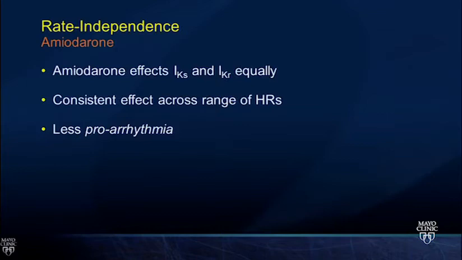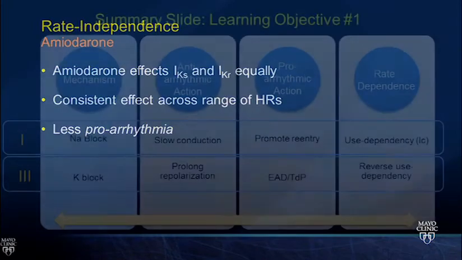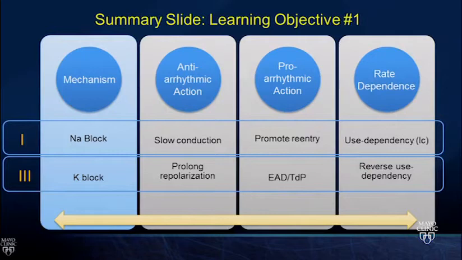Now, amiodarone is one drug which blocks a lot of channels, so the chance of proarrhythmia is quite low. In fact, amiodarone can also lead to sinus node dysfunction if you use it for a longer period of time.